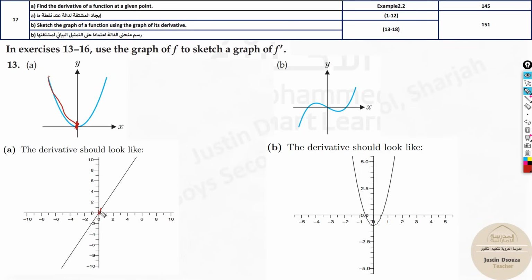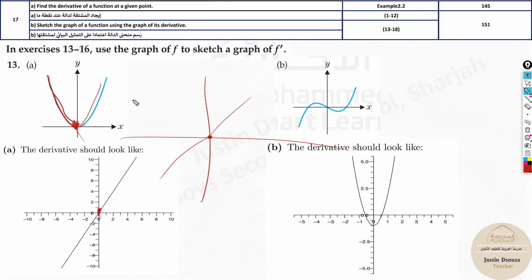So till 0, mark a point. Wherever it is decreasing, the part of the graph only will be before this. Where it's increasing, it will be over this. That's the concept.